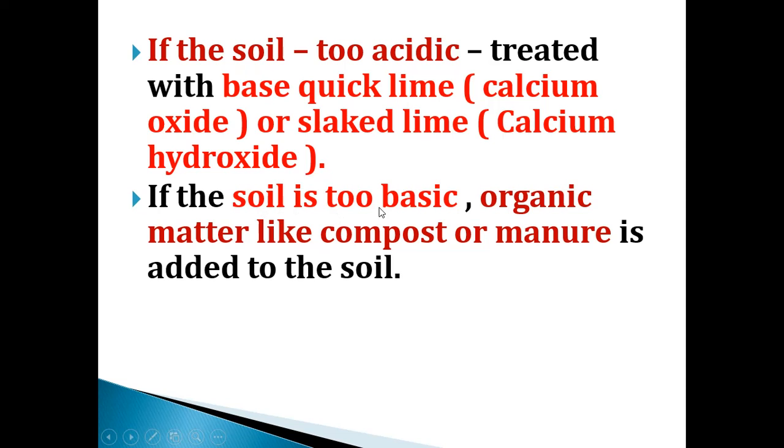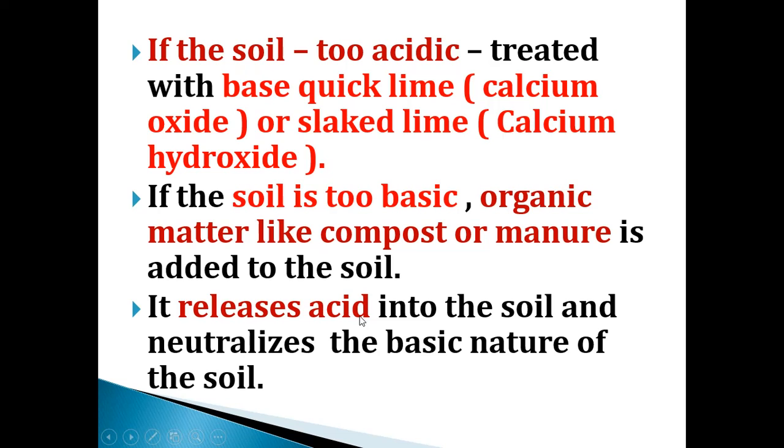If the soil is too basic, organic matter like compost or manure is added to the soil. So we know if the soil is too acidic, we can treat it with a base and neutralize the effect of acidity in the soil. If the soil is too basic, organic matter like compost or manure will be added, which will release acid into the soil and neutralize the basic nature of the soil.